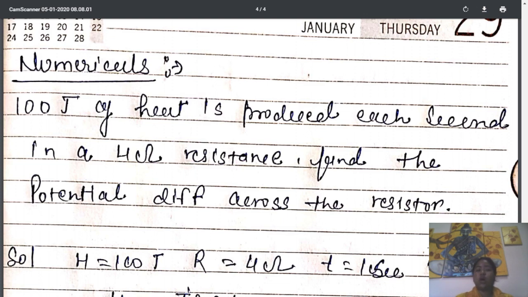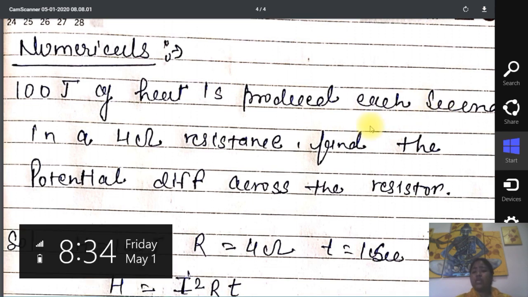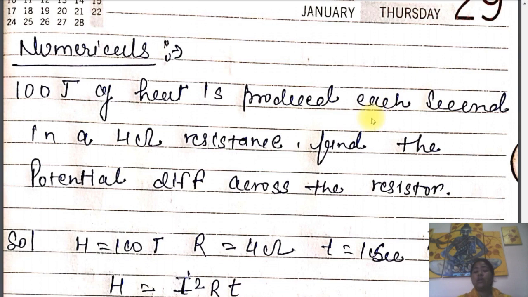What is given? 100 joule of heat is produced, and we have to calculate the value of V. So H equals 100 joule, the resistance R equals 4 ohm, and the time is each second, that is, t equals 1 second.